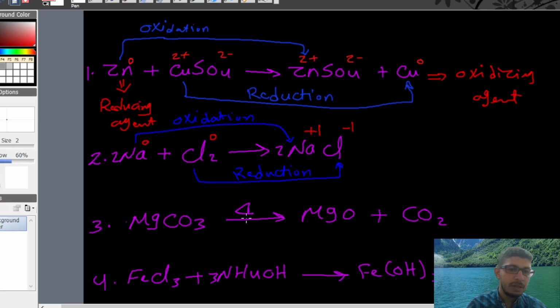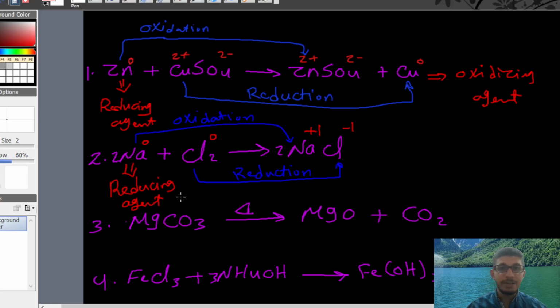The element or the substance in which oxidation occurs is the reducing agent. You got me right? When you remember oxidation, that means reducing agent. That's it.